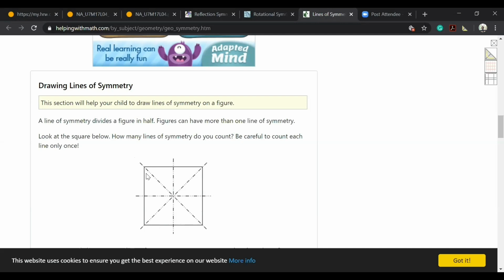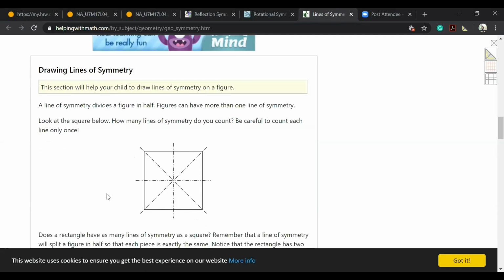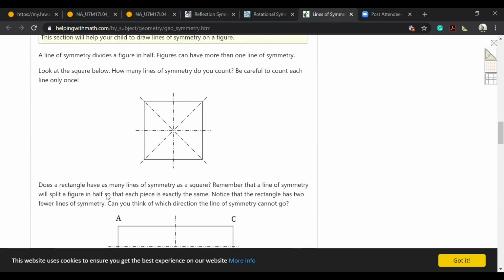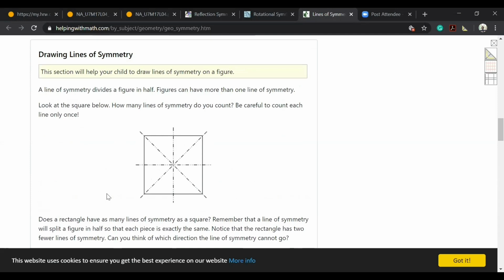What about the fourth one? Yes, again, it's a line of symmetry because this part is equal to this part. So how many lines of symmetry do you have in a square? We have 4 lines. For a square, we have 4 lines.